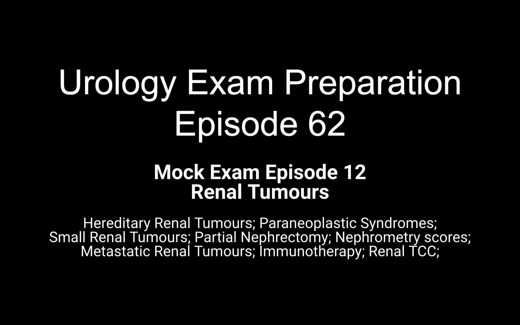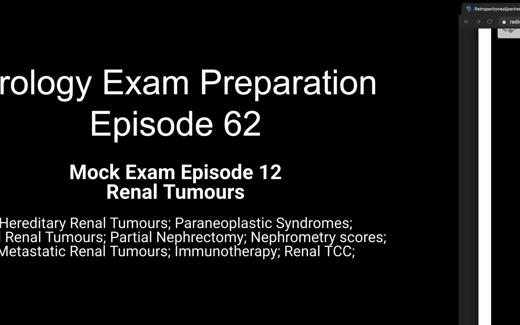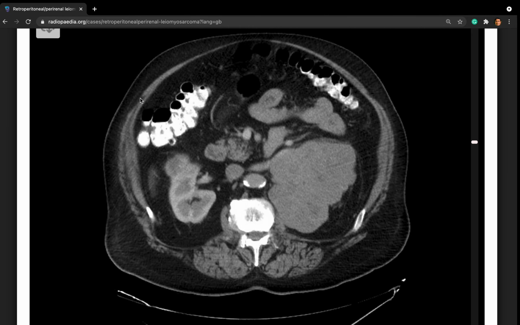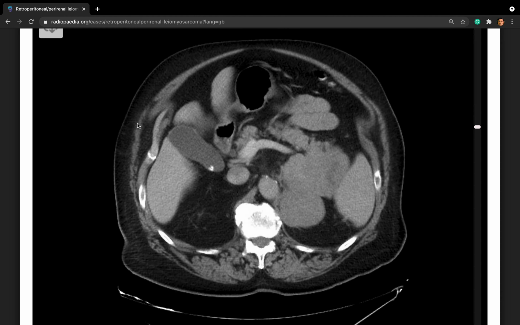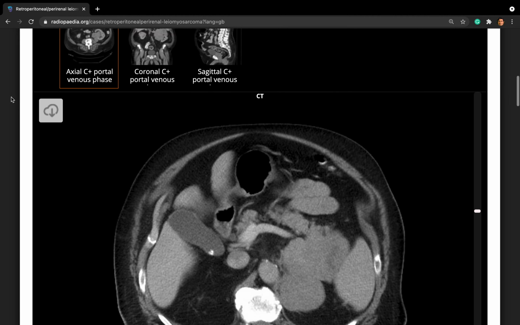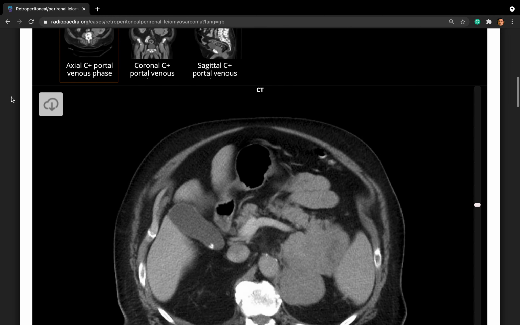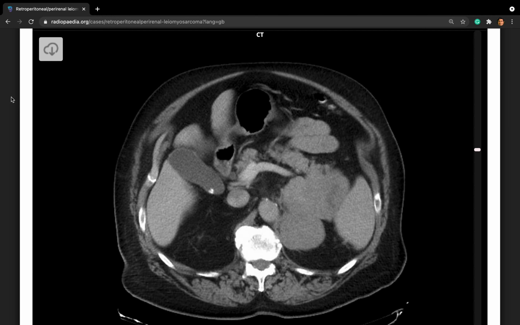I'll see this gentleman as soon as possible in the ward. I will make sure that he is resuscitated according to the ALS protocol, and also that the sepsis 6 bundle is already in place. I'll take a focused history to see whether this mass is already known, and whether he has other symptoms like hematuria, back pain, loss of weight, loss of appetite, and other constitutional symptoms.